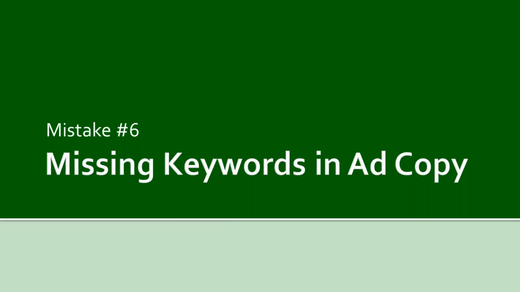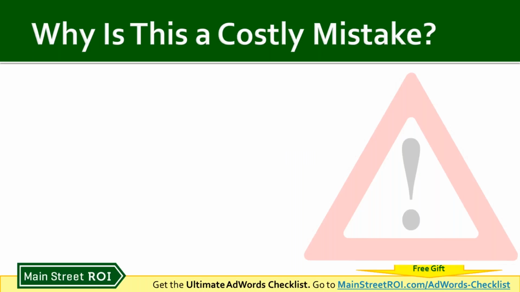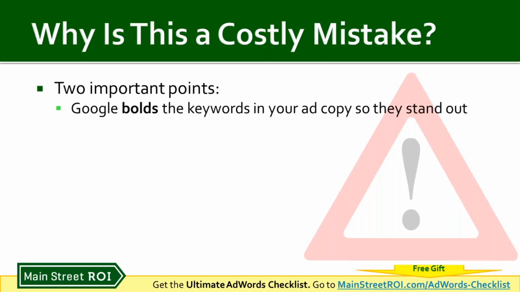Okay, mistake number 6 is missing your keywords in your ad copy. And there are really 2 points I want to make here. First, when you search in Google and advertisers include the keyword that you searched in their ad, Google will actually bold those phrases, and that just makes your ad stand out, which will tend to lead to higher click-through rates.